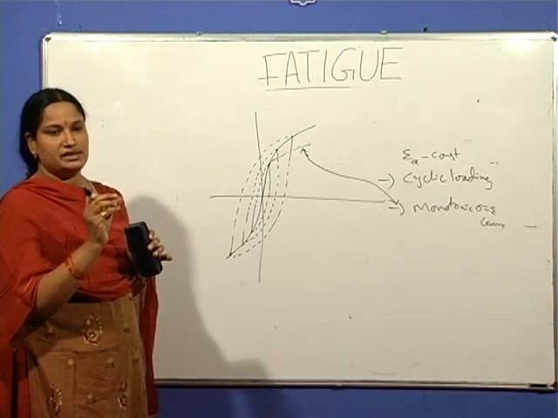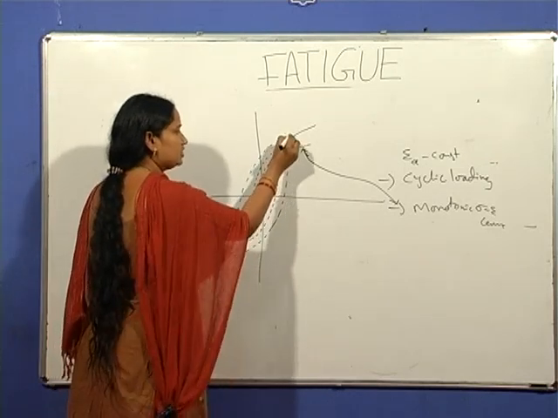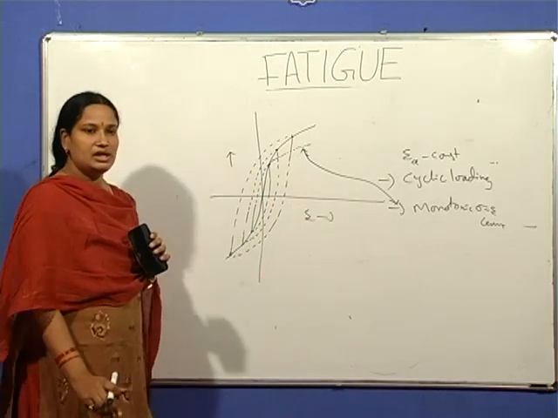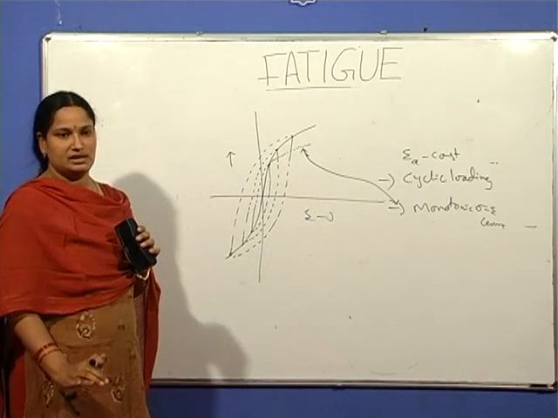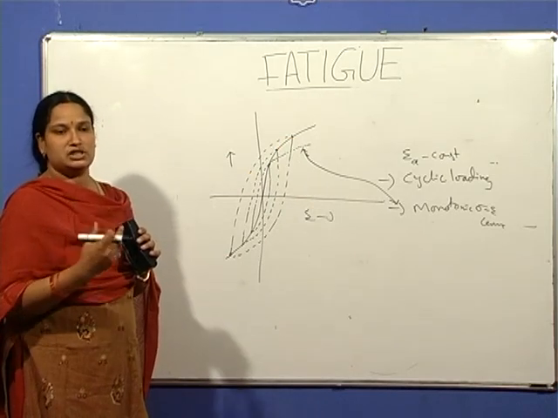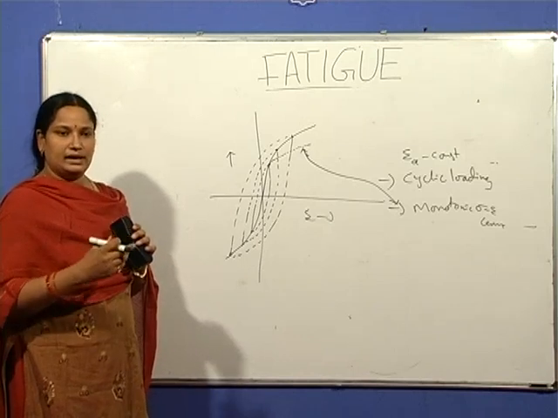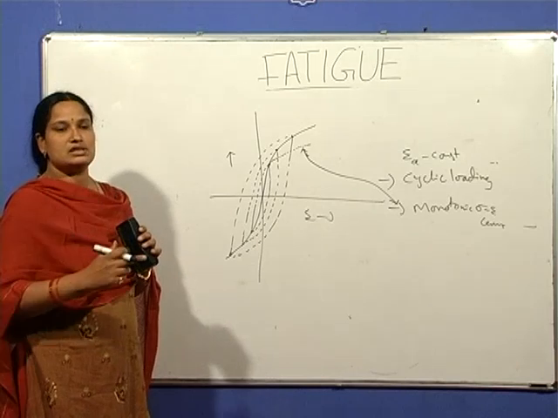So those points are taken and plotted with respect to the strain amplitudes. Initially, a constant strain amplitude is taken and the component is subjected to cyclic loading. Depending upon cyclic hardening or cyclic softening, the material undergoes this hysteresis loop.